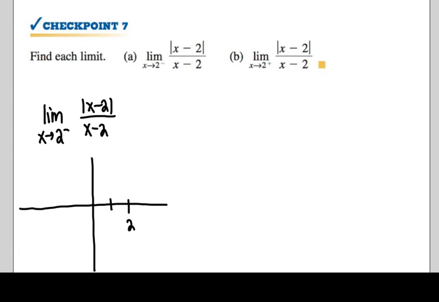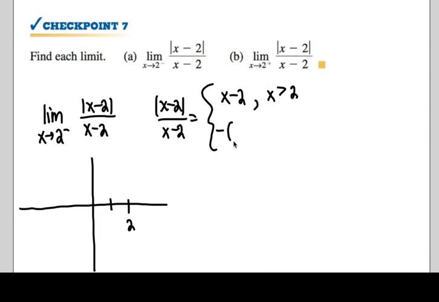And it's all about 2 right there. This can be written as x minus 2 over x minus 2 is the same thing as x minus 2 when x is greater than 2, and it's the opposite of x minus 2 when x is less than 2. So it's all about this 2 right here.